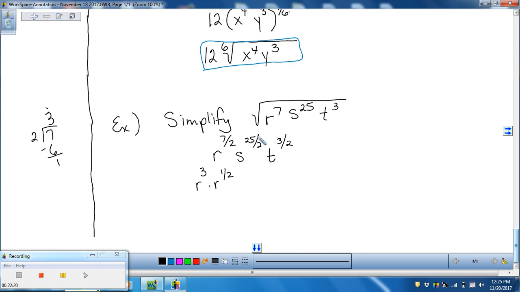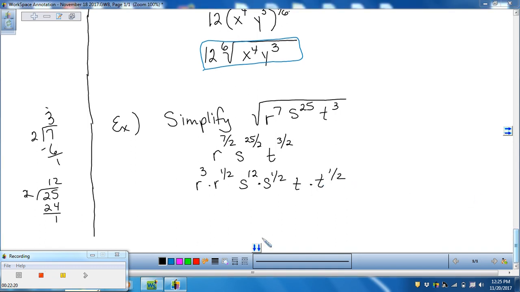I want to do that so that I can take out my whole number exponents. They can come outside the radical. So that's my goal. S to the 25 over 2, 2 goes into 25 12 times with a remainder of 1. So you can break this down into s to the 12th times s to the 1/2, and t to the 3 over 2 breaks down into t to the 1st times t to the 1/2.